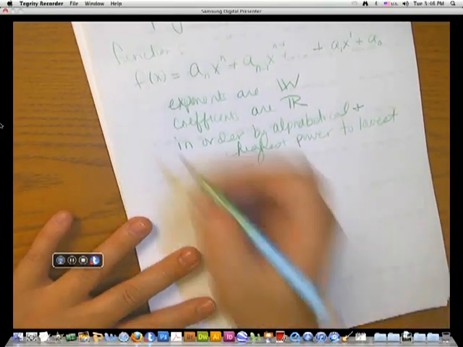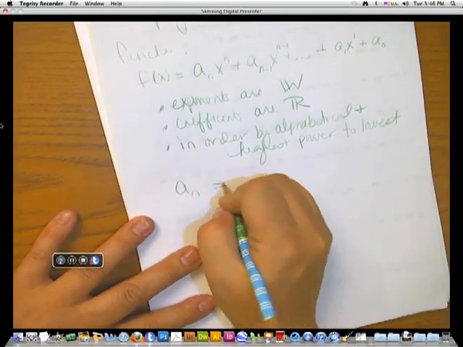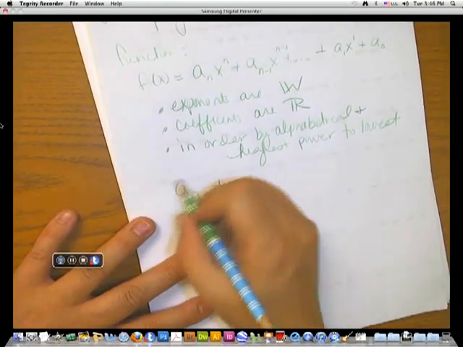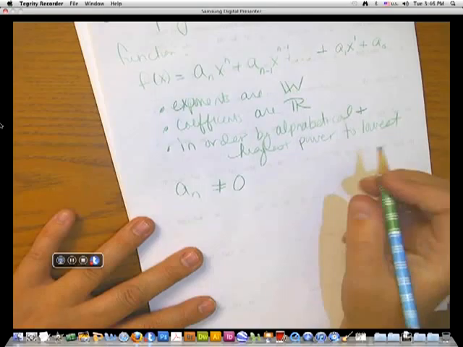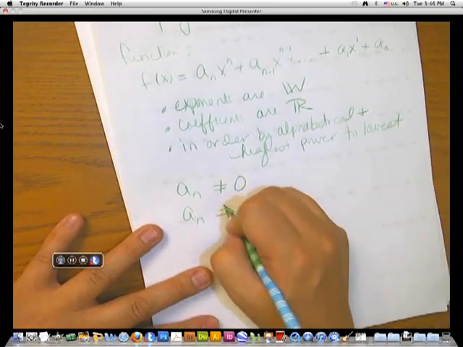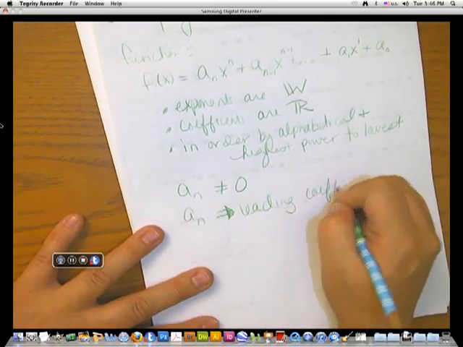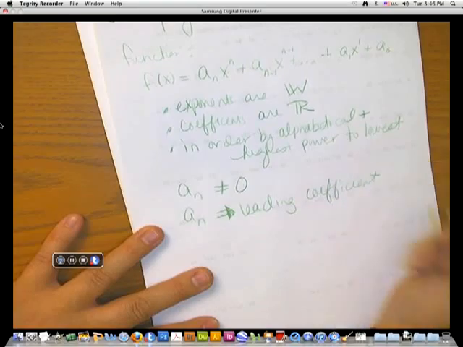Some things to note: a sub n, or the original first coefficient, cannot be 0. A sub n is also called the leading coefficient. Leading because it's first.